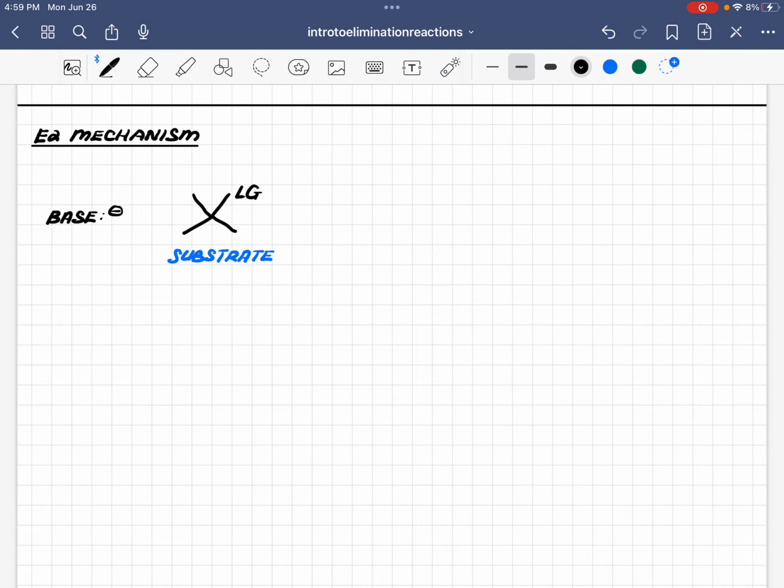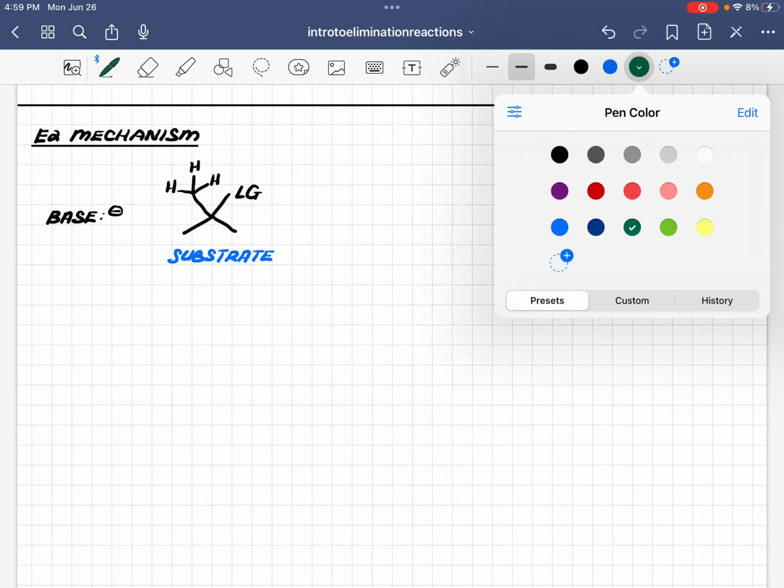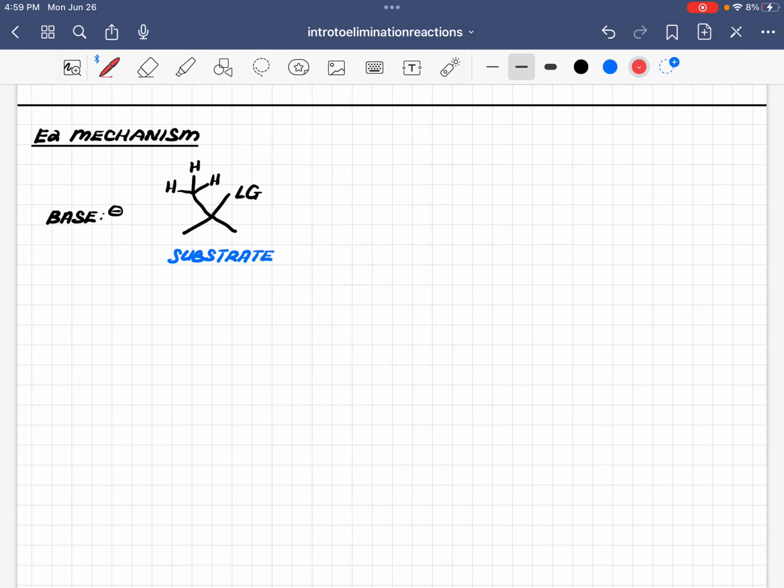Let me draw out the hydrogens associated with the substrate, just so we can take a look at the reaction mechanism a bit more clearly. So in an E2 reaction, what we have is the base attacking this proton here.